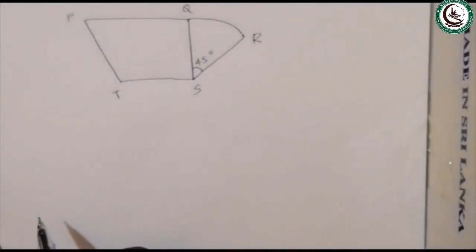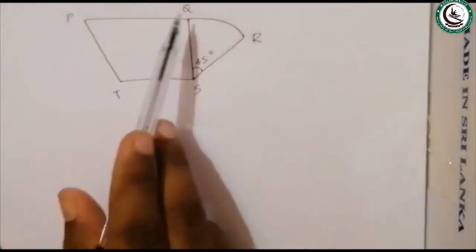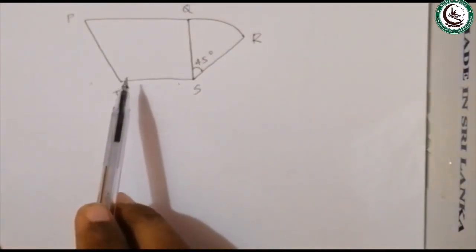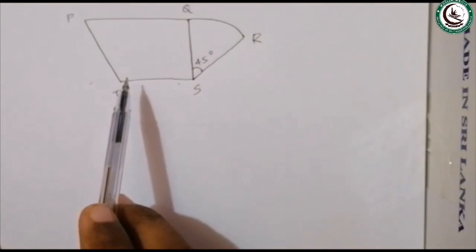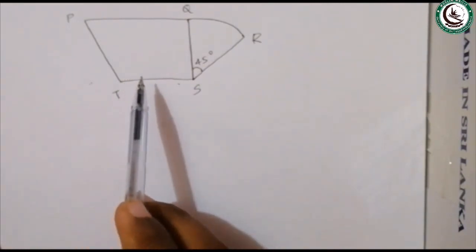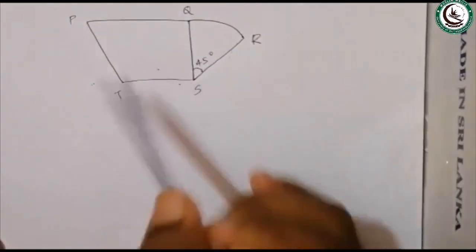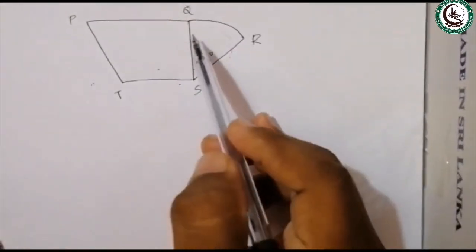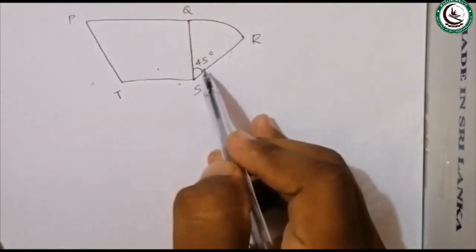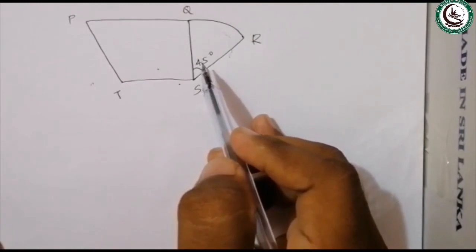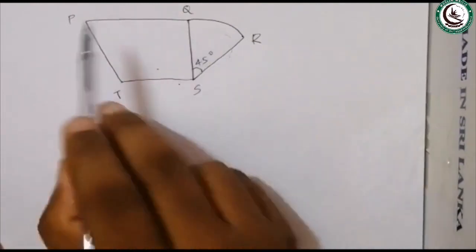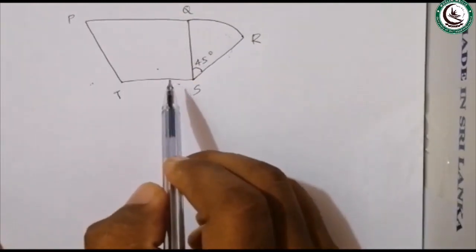So then read it. PQST is a trapezium. QRS is a sector with an angle of 45 degrees at QSR. PQ is parallel to TS. Okay.